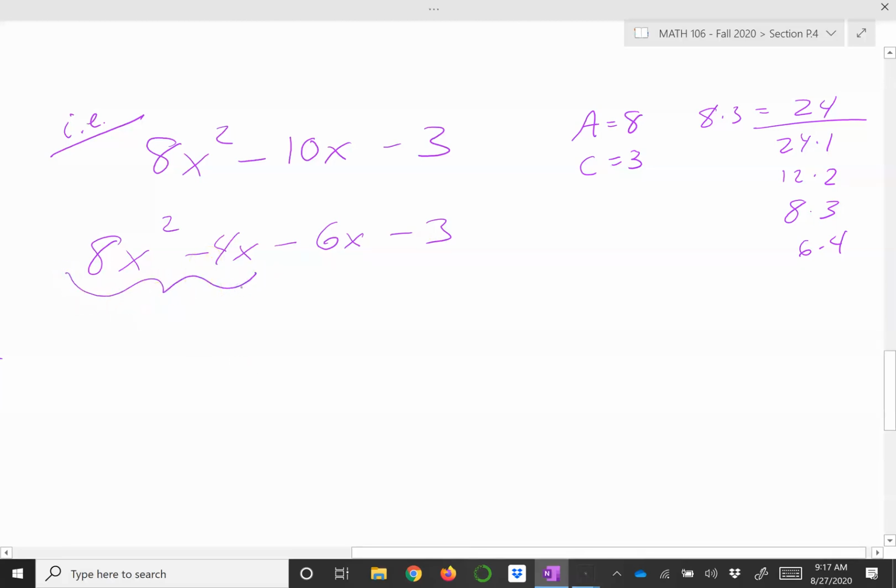So the GCF of this first pair should be 4x, right? To get 8x squared from a 4x, we're going to multiply by 2x, and then we're just going to be minus 1. And then I'm going to do a negative 3 on this second pair and get 2x plus 1.